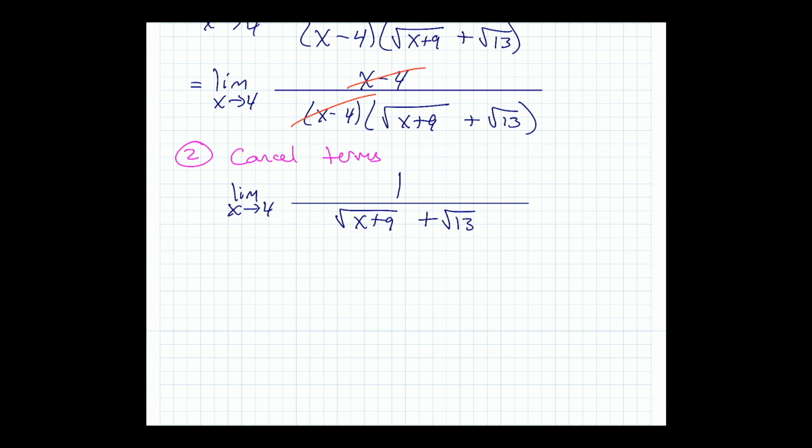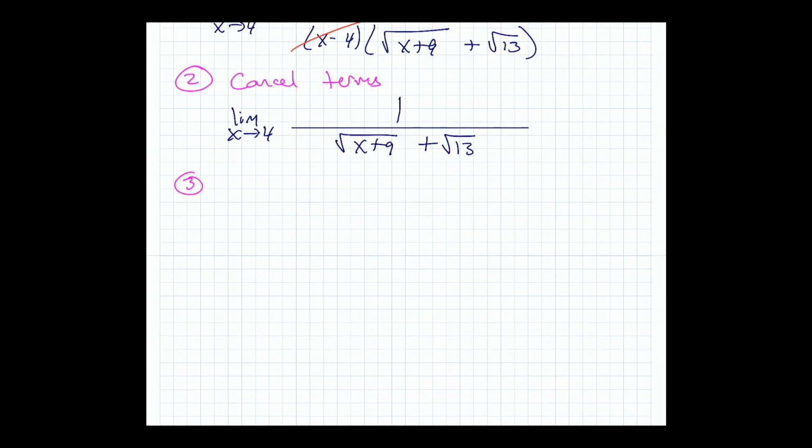Now, as soon as you do your canceling, like we just did, then you should be able just to plug in your limit, evaluate your limit. Evaluate. Okay, try to do it here at the bottom of the page.